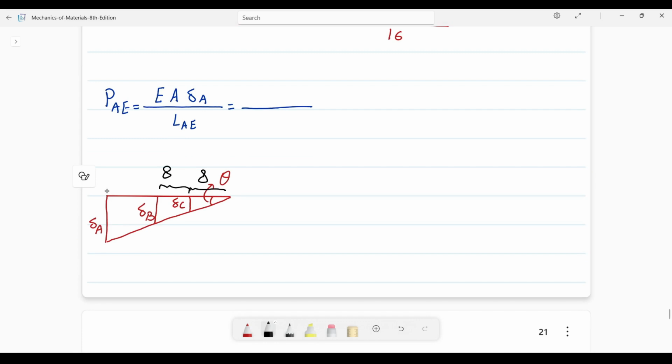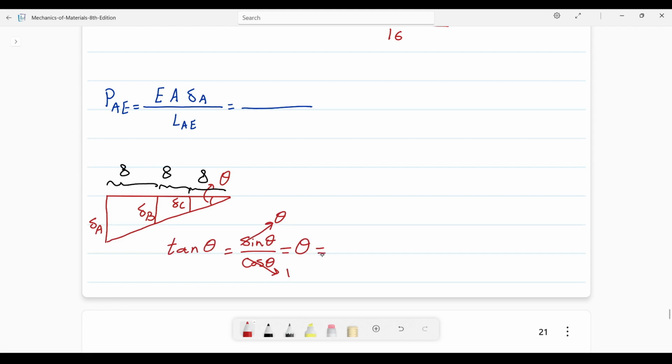We know that tan theta equals sine theta divided by cosine theta, and theta is so little that cosine is equal to 1 and sine theta is equal to theta.